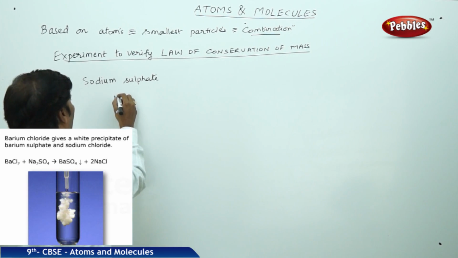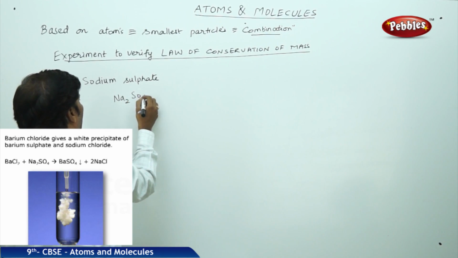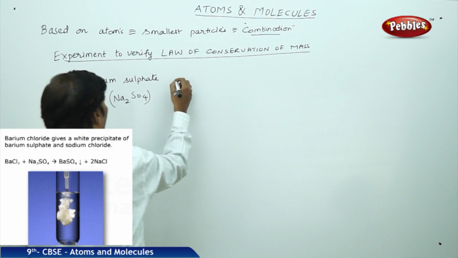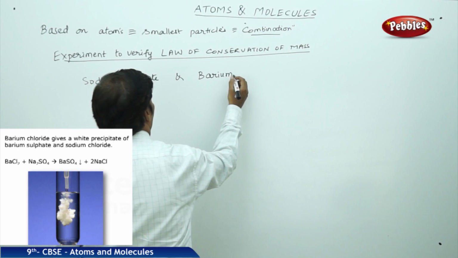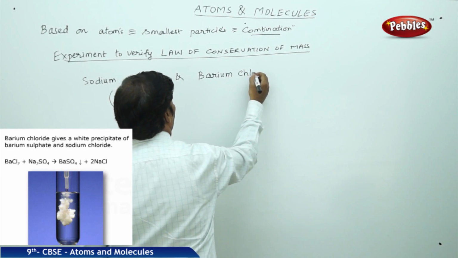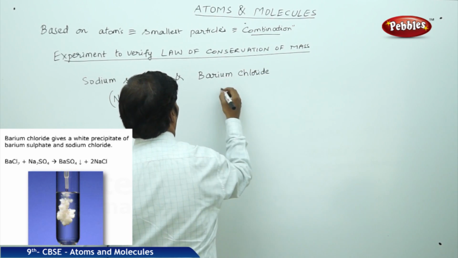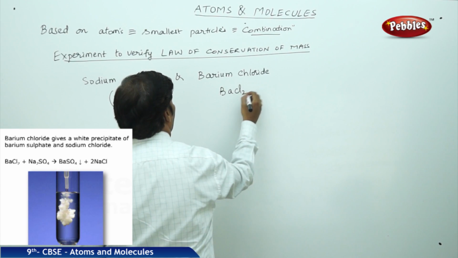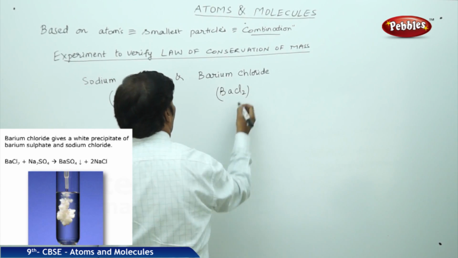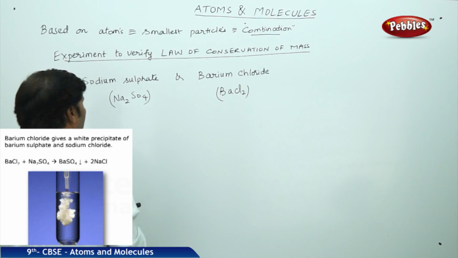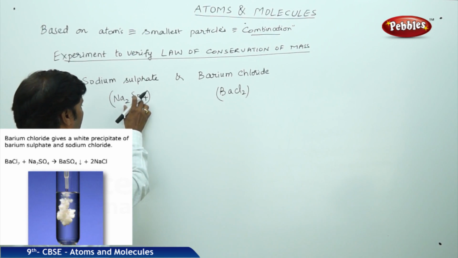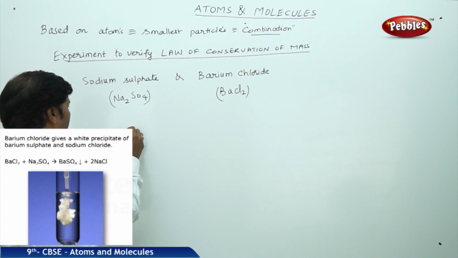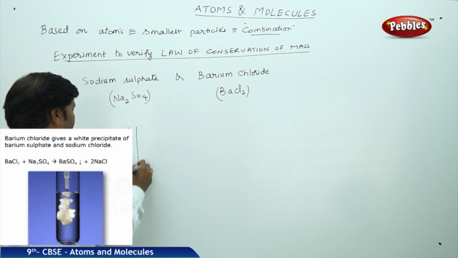Sodium sulfate formula is Na2SO4, and the formula of barium chloride is BaCl2. You are taking a small quantity of sodium sulfate, which is a solid, in a small test tube like this.